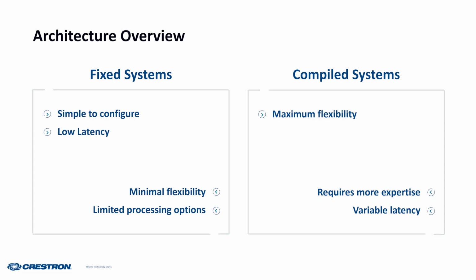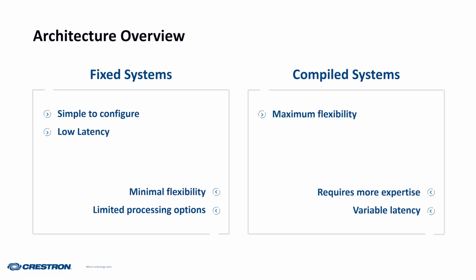Fixed architecture systems are great for their simplicity and low latency, but don't allow much flexibility with routing or changing processing objects. Compiled systems, sometimes called open architecture, allow for maximum flexibility but require far more audio know-how to configure and deploy. This option also has variable latency, which can adversely affect system performance when care is not taken in the development of the processing paths.